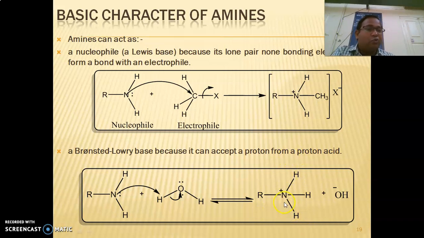So these two concepts illustrate what a base is. Generally, according to the Lewis concept, bases are those which donate the pair of electrons. According to Bronsted-Lowry theory, the compound which accepts the H plus ion is said to be a base.